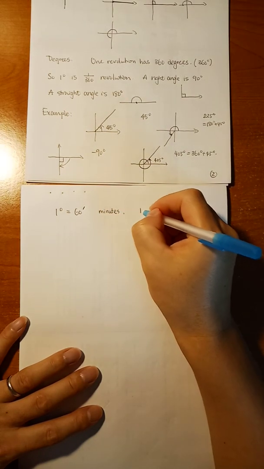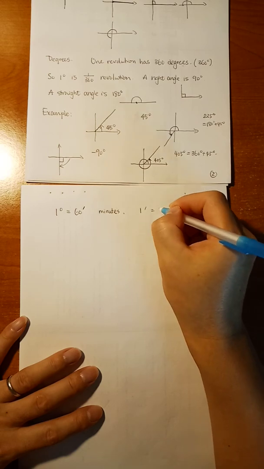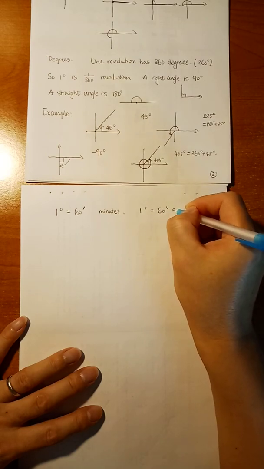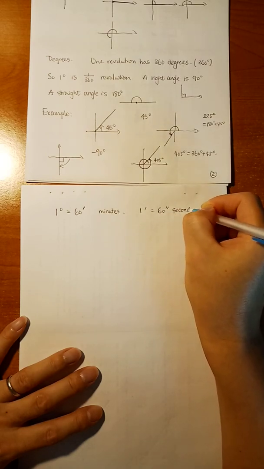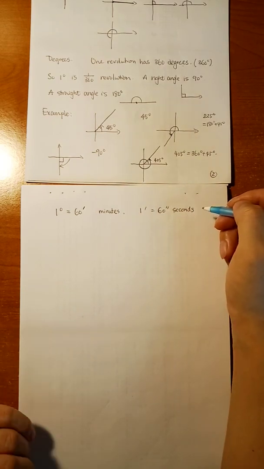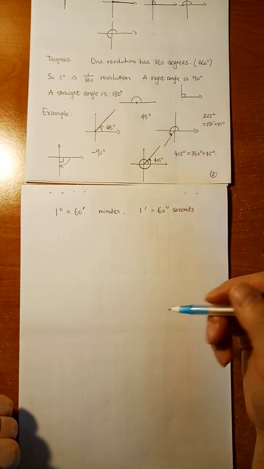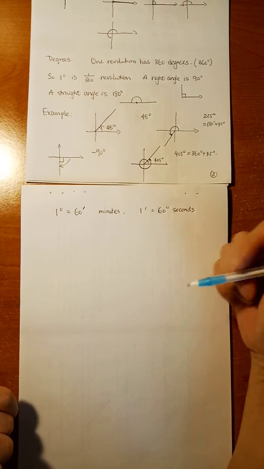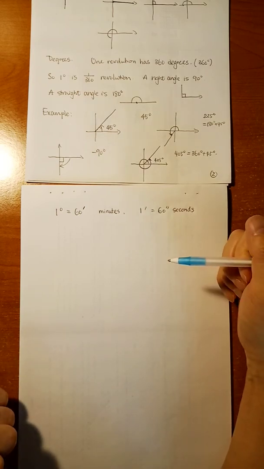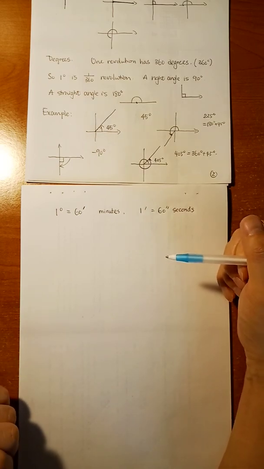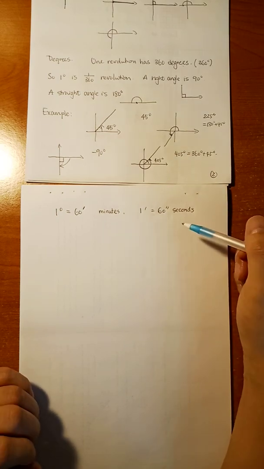And 1 minute is equal to 60 seconds. So it's really like the clock. On a clock, 1 hour is 60 minutes, 1 minute is 60 seconds. So the unit is 60.